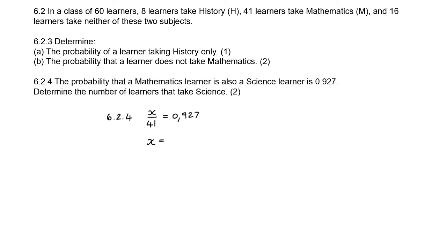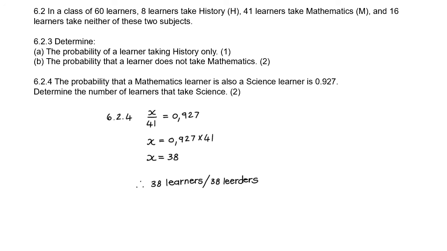So we have x over 41 is equal to 0.927. This is given. And now you rearrange this equation to solve for x. So now you take the 41 over to the other side. 41 times 0.927 equals 38. So in total there are 38 learners.